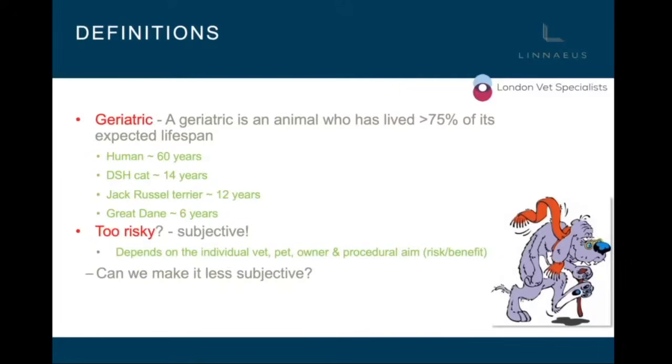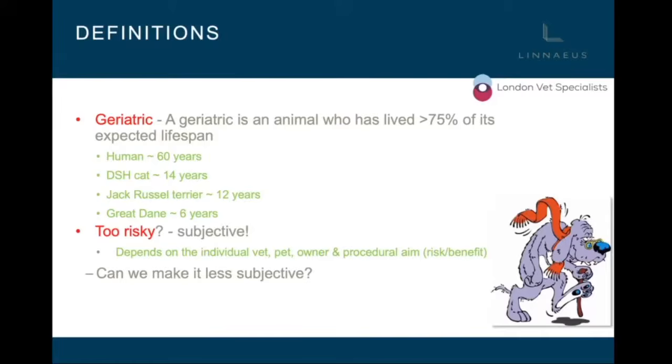So first of all, just a couple of definitions. What is a geriatric veterinary patient? In human medicine, they define a geriatric as a person who has lived greater than 75% of their expected lifespan. So in humans, this is going to be around 60 years of age, but in veterinary species, this will vary depending on the animal that you're talking about.